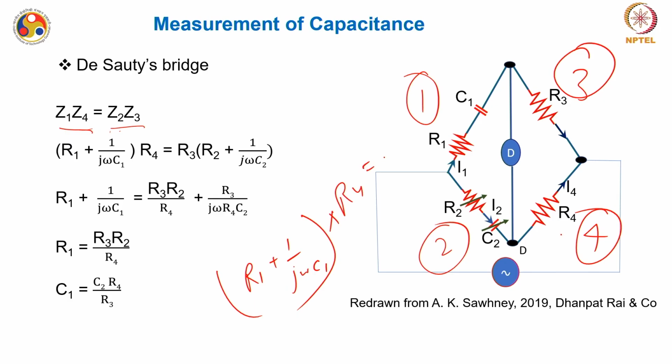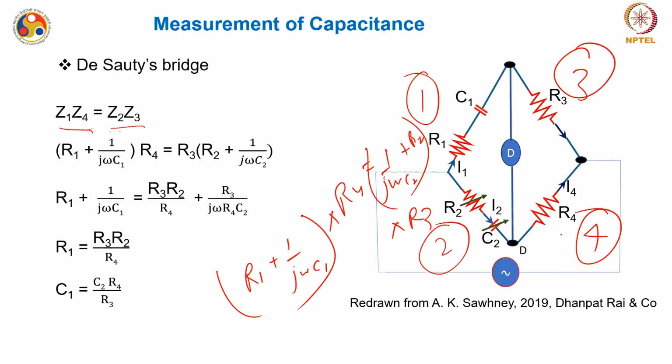This is equal to 1 by j omega C2 plus R2, multiplied by another resistive factor, R3.